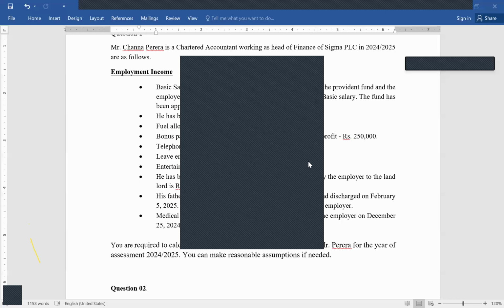Where the value specified in 2A above, 2A above means in the table, exceeds the cost incurred by the employer or market value. That means sometimes in a very rural area, the market value of a house is very low.